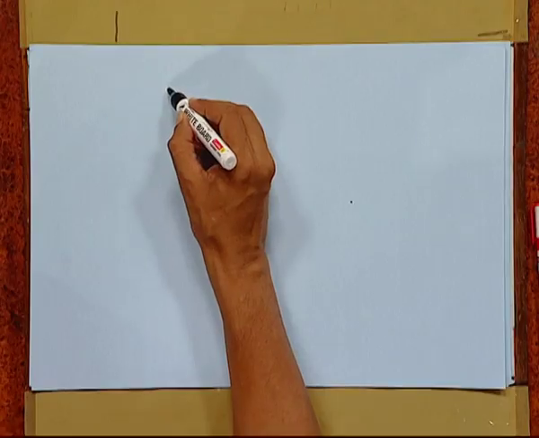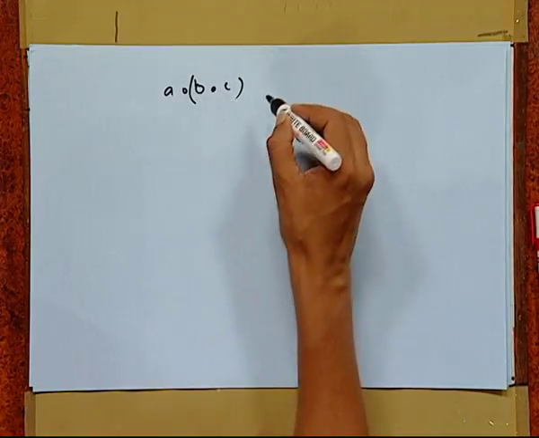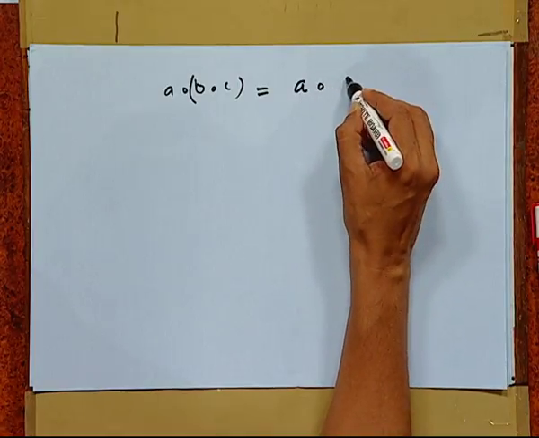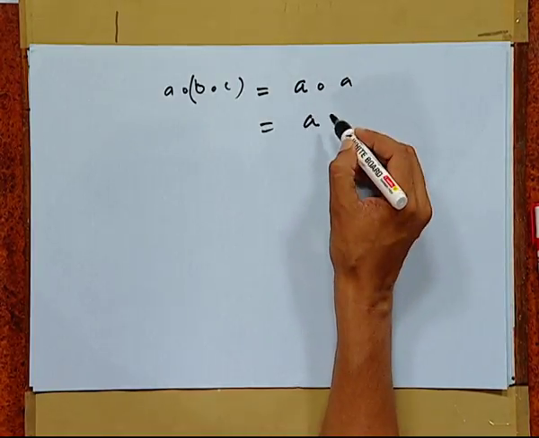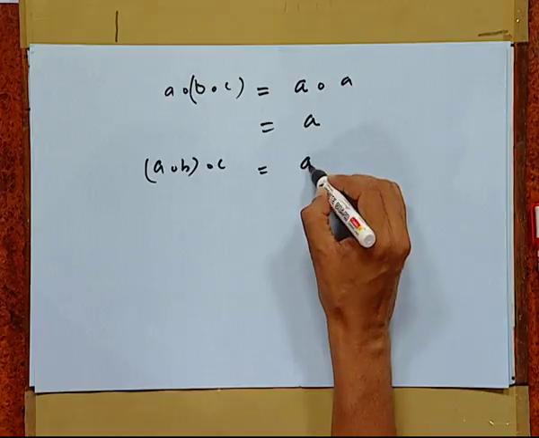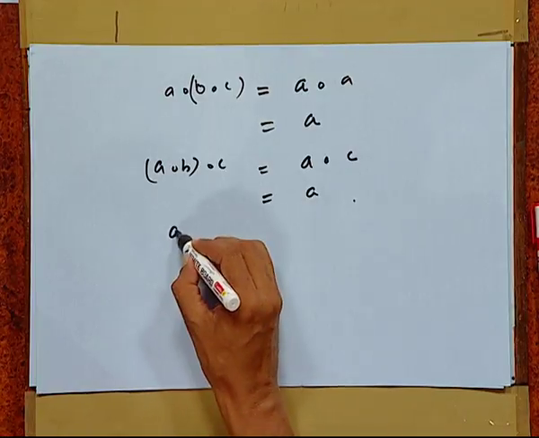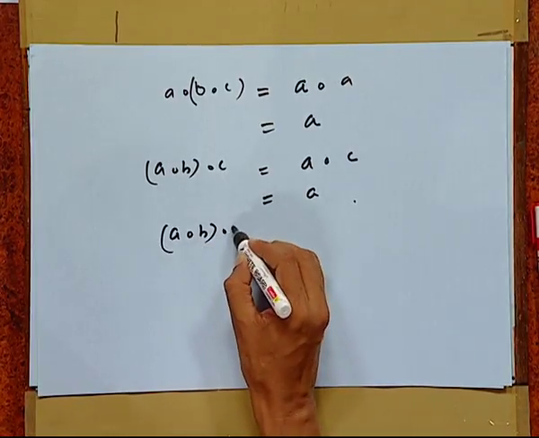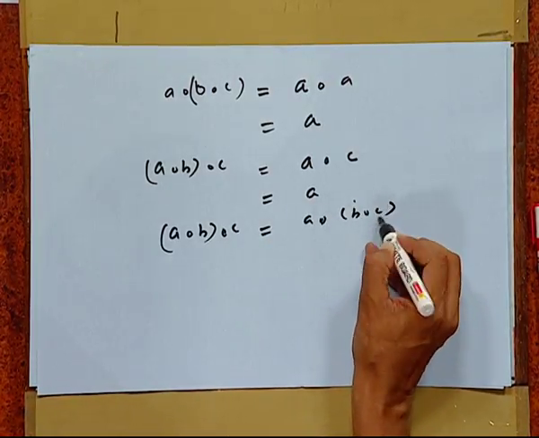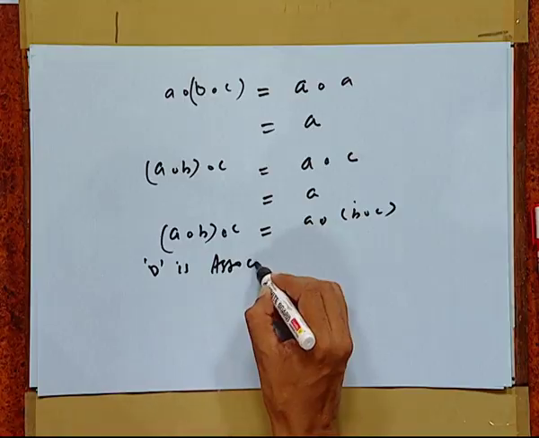Let us take (A O B) O C, that is equal to A O C, that is equal to A, while A O (B O C) is equal to A O B, which is again A. Thus, in both cases they give the same result. So, (A O B) O C is equal to A O (B O C). Hence, O is associative.